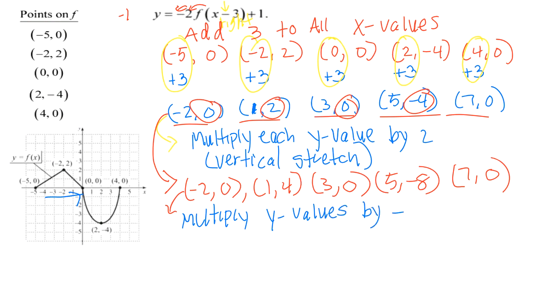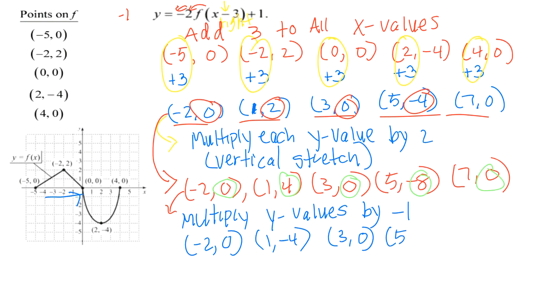So now I have -2, 0, 1, -4, 3, 0, 5, +8, and 7, 0.